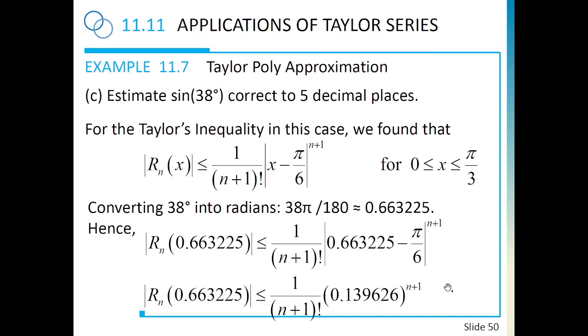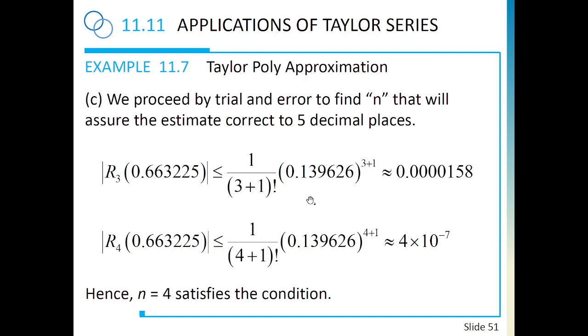So we need to see what type of polynomial we need. Maybe it's a polynomial of degree 4, maybe 5, maybe 6, we don't know yet. So we need to find n. We know that the error at our point of interest, 38 degrees, is smaller than this value here.